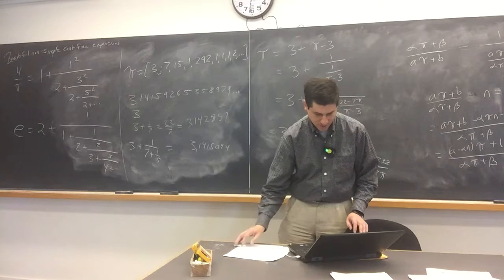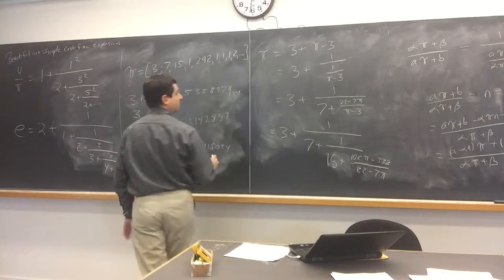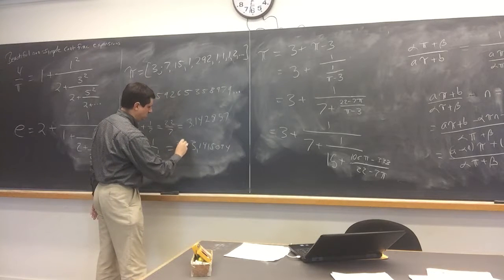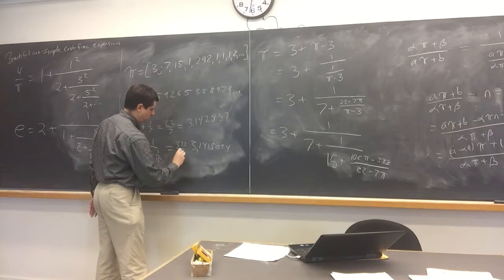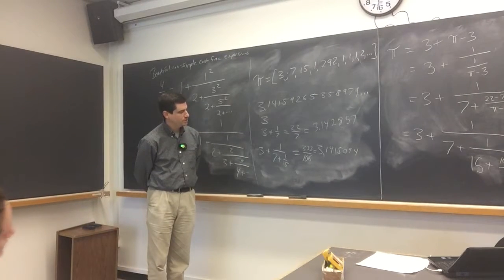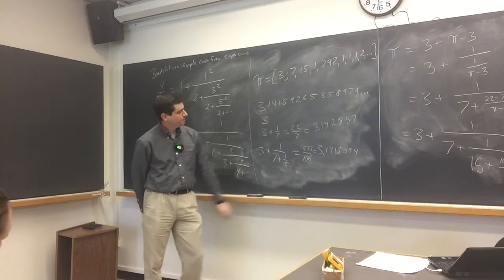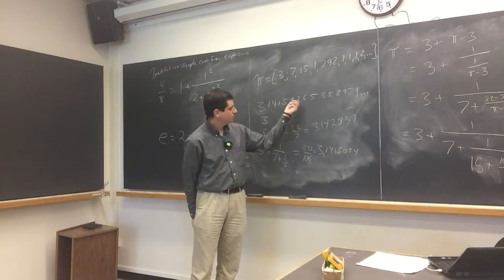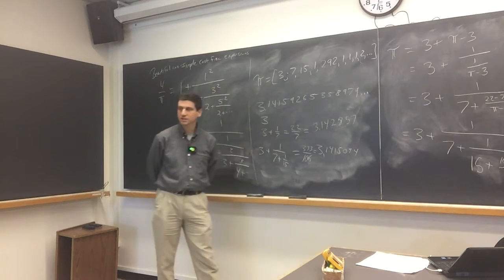I'm just forgetting the Mathematica computer right now. 333 over 106. Yeah. So now if we just go up to 333 over 106, we're getting 4 digits right. Instead of 2, now we have basically 9 or 10.